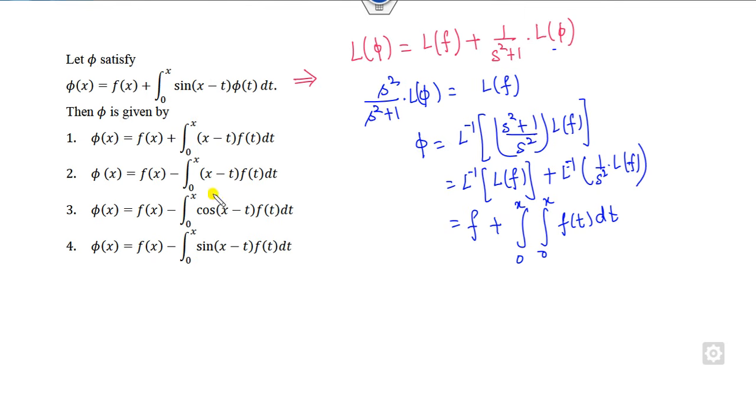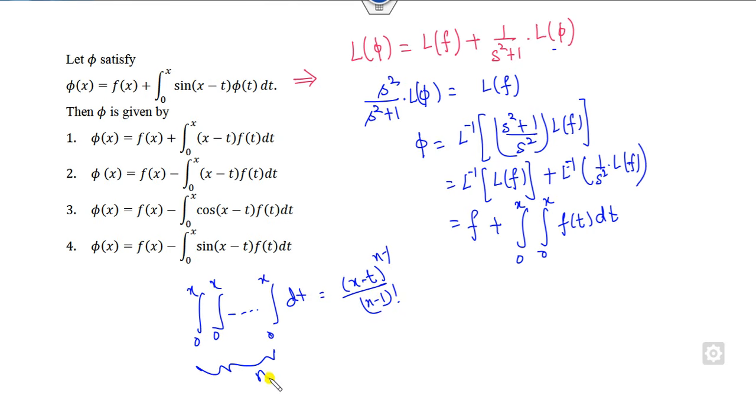Now look at the options. Now there is a double integration, and we need a one time integration. We all know how you can solve this integration. This is nothing but x minus t raised to power n minus 1 over n minus 1 factorial, times f of t.